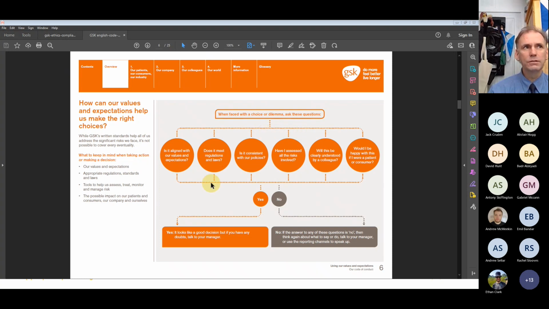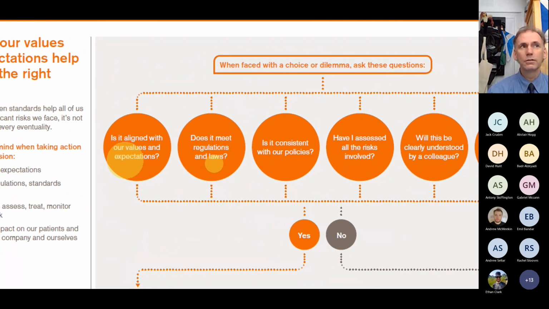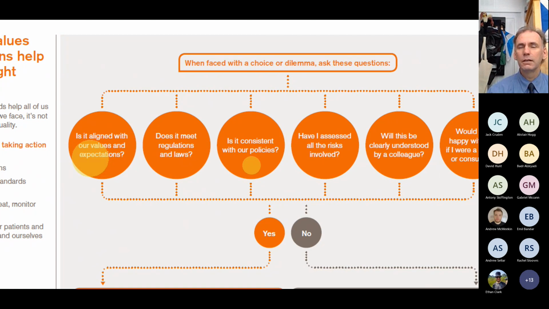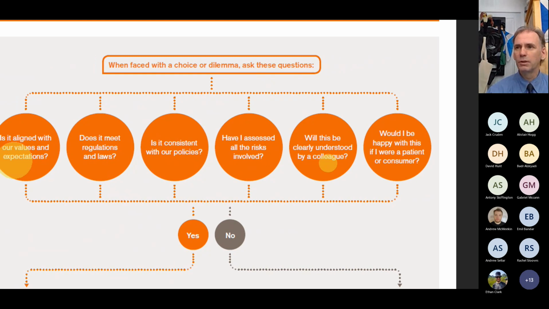When you have a choice, does it align with our values? Is it compliant? Is it consistent with what we have set up for our organization? Have the risks been assessed? Will people understand it?